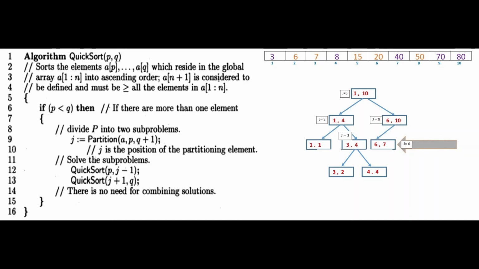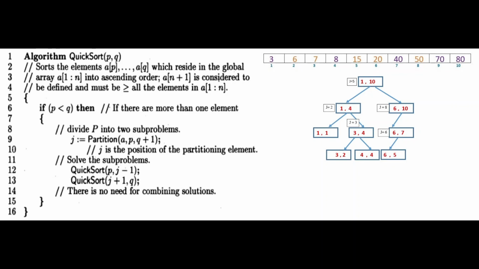That is quicksort of p comma j minus 1, quicksort of 6 comma j minus 1, 6 comma 5, and we go to the left subtree of that node. Now we are in the beginning of that function with value p is equal to 6 and q is equal to 5.